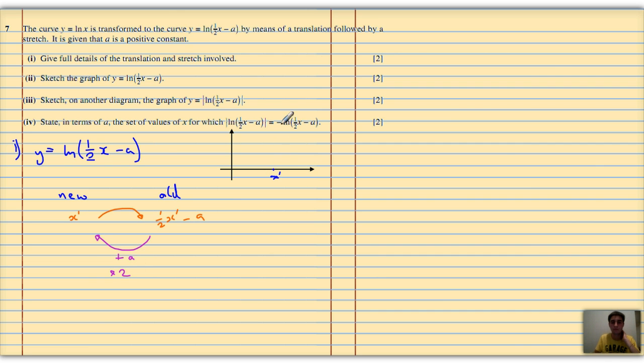So that means the transformation from my old curve to my new curve is a translation by a in the positive x direction, and then a stretch by a factor of 2 in the x direction.